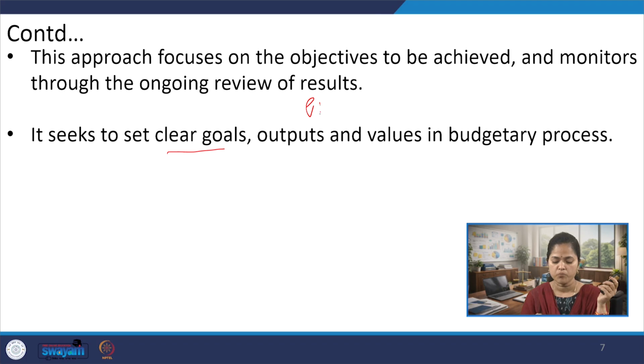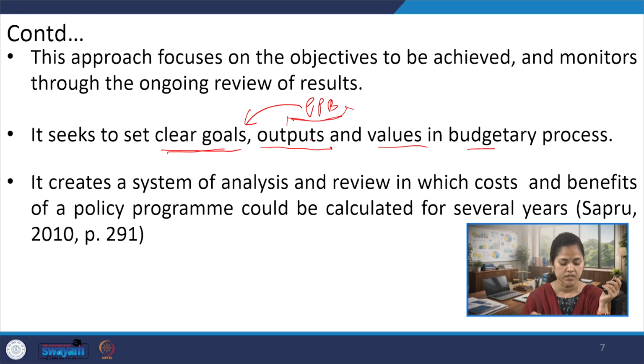It helps to set clear goals, and it also seeks what the expected outputs would be and what the values are that are necessary in budgetary processes. So these three things are very important if you are following this approach, and they are helpful in doing these exercises.